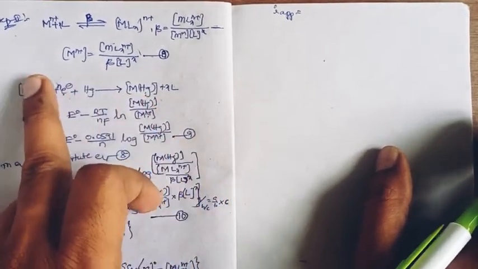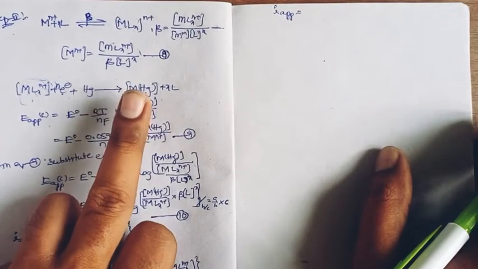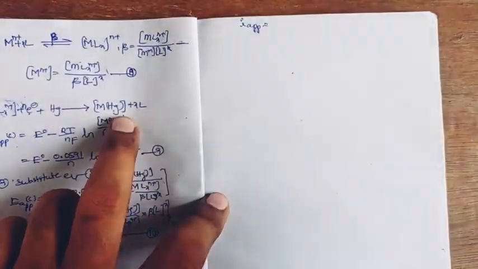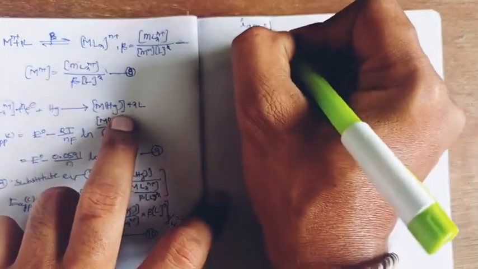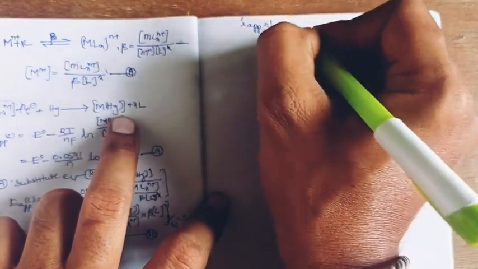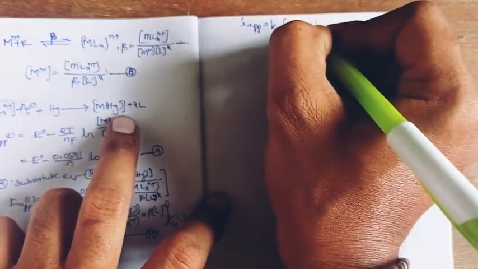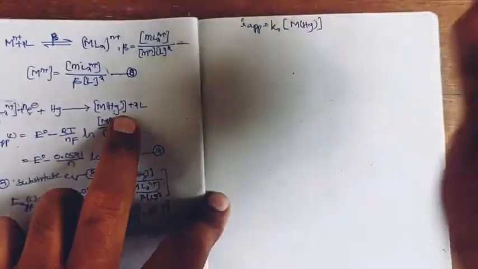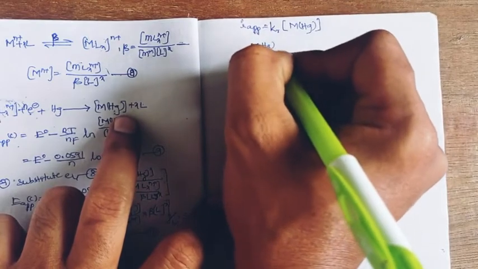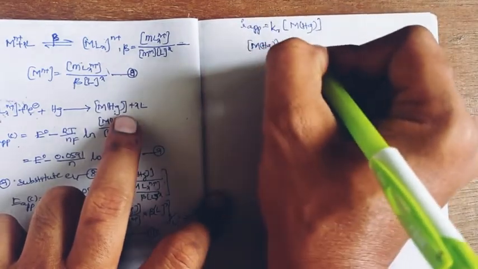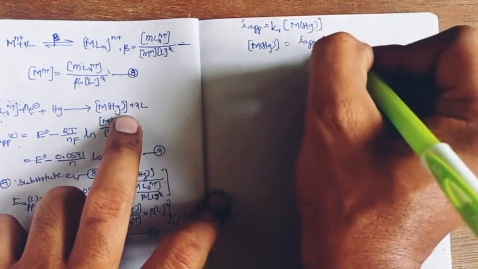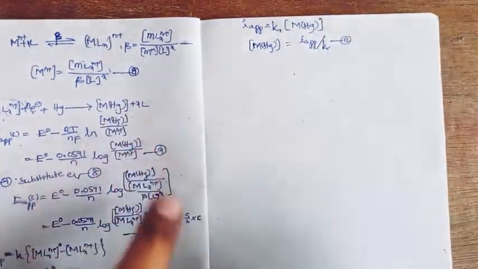So the applied current is also proportional to the concentration of amalgam. In that case, the applied current equals a constant Kr into the metal amalgam concentration, from which we write the concentration of metal amalgam equal to the applied current divided by small kr. This is equation number 12, right?